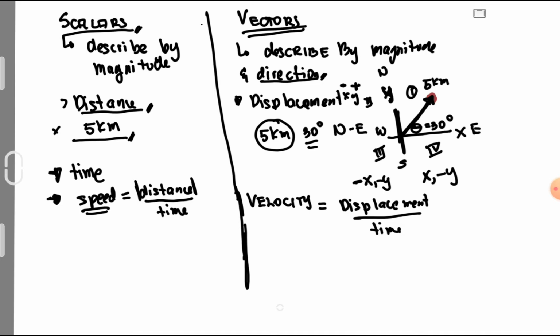When you talk about volume, you cannot say 5 meter cube northeast or 5 meter cube southwest. There's no such thing. Wherever you are located, your volume will be constant. Therefore, volume is a scalar quantity.